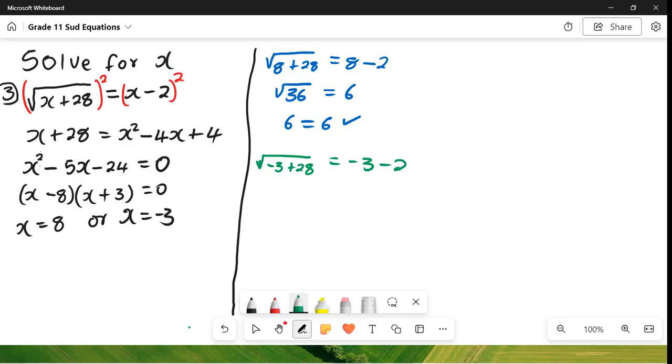Minus 3 plus 28 is 25. Then we have the square root of 25, which equals minus 3 minus 2. Let the minus be visible. Square root of 25 equals 5. It's equal to minus 3 minus 2, which is minus 5. And minus 5 is not equal to 5. So we say 5 is not equal to minus 5. Then our correct value of x is 8 only.